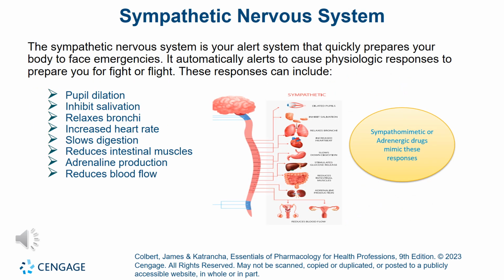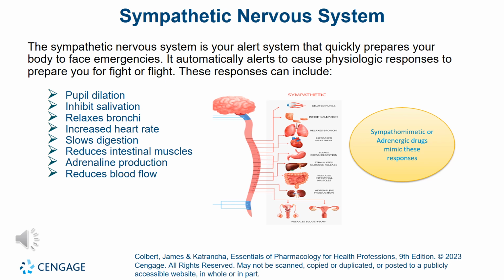The sympathetic nervous system is your alert system that quickly prepares your body to face emergencies. It automatically alerts to cause physiologic responses to prepare you for fight or flight. These responses can include pupil dilation, inhibits salivation, relaxes bronchi, increased heart rate, slows digestion, reduces intestinal muscles, adrenaline production, and reduces blood flow.